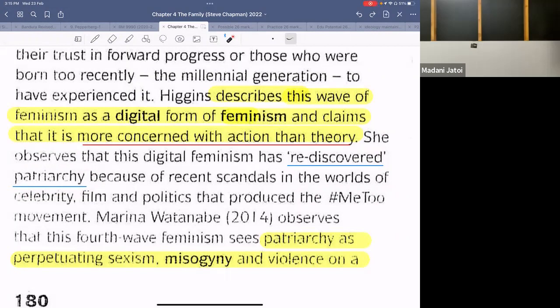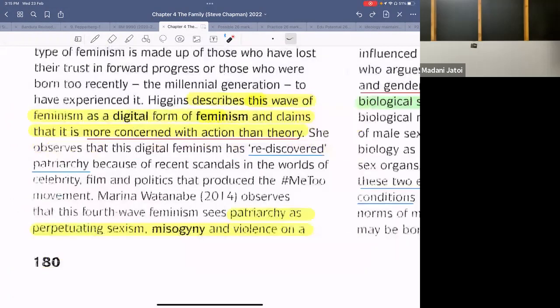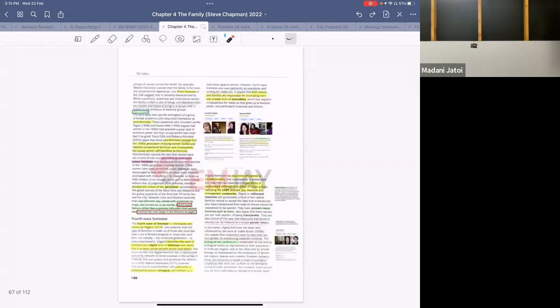Marina Watanabe in 2014 observes that this fourth wave feminism sees patriarchy as perpetuating sexism, misogyny, and violence on a daily basis against women. However, fourth wave also sees patriarchy as limiting for men too, right?